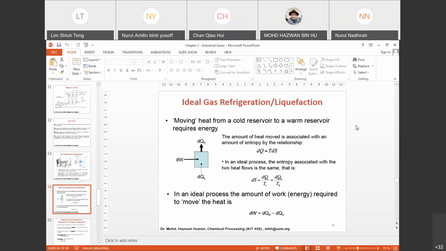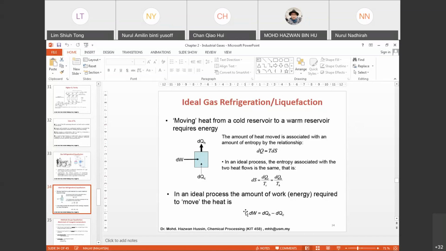In an ideal process, the entropy associated with the two heat flows is the same. So that is why you'll see that dS equals dQ over T, where c is known as critical, and h is heat.